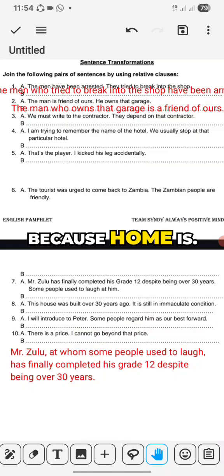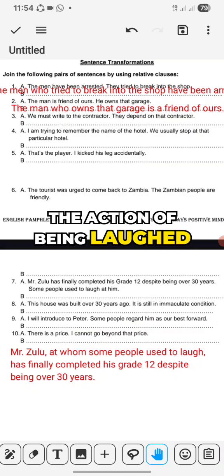Why? Because Mr. Zulu is the one receiving the action. A subject is what does the action, then the object is what receives the action being done by the subject. In this case, Mr. Zulu is the one that suffers the action of being laughed at.